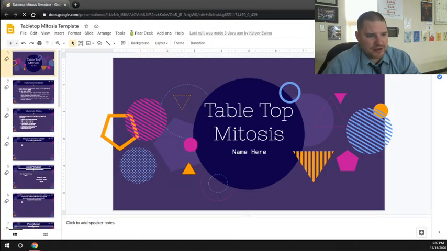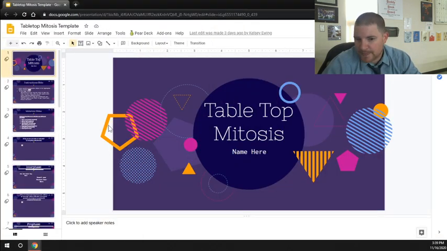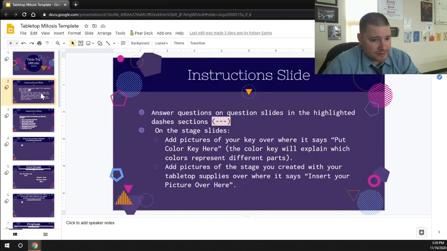I clicked on that. Here's what it got me. Make sure you put your name right there on the first one. And here are the instruction slides. As it says here, you'll answer the questions on the slides in the highlighted dashed sections. On the stage slides, you're going to add a picture of your key over where it says put a color key here.